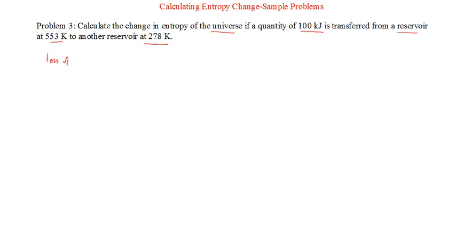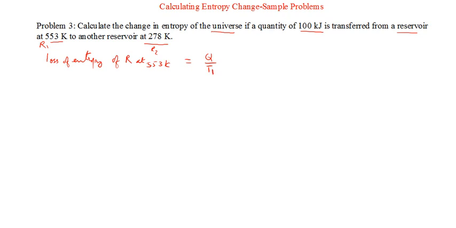So here also, we calculate the loss of entropy for the high temperature reservoir, a reservoir at 553 Kelvin. You can name it R1 and the other one R2. How do you calculate it? That is equal to Q divided by the temperature of that reservoir, T1.